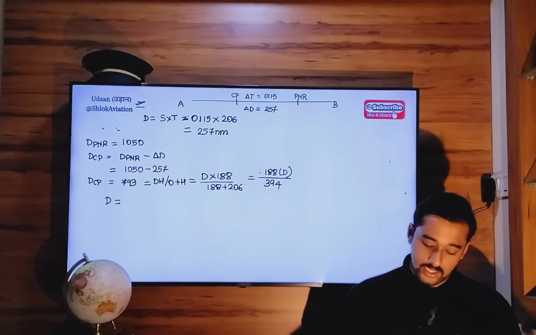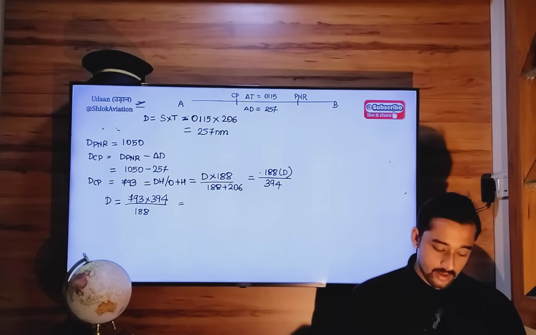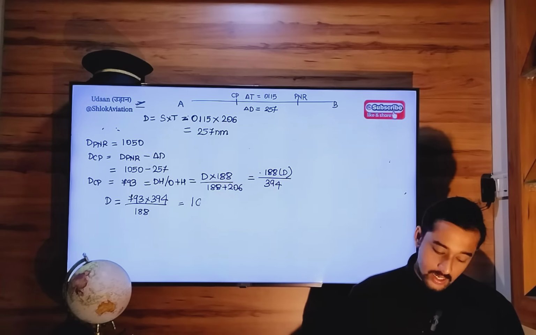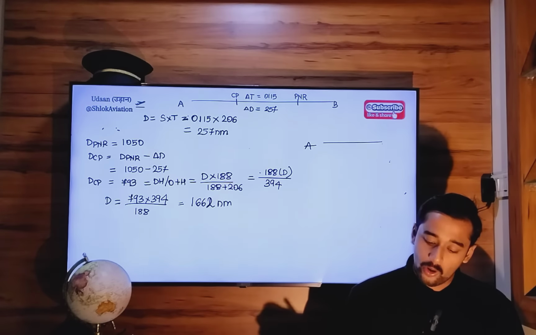So total distance equals 793 into 3904 divided by 188. 793 into 3904 divided by 188 is 1662 nautical miles. That is the distance between point A to point B.